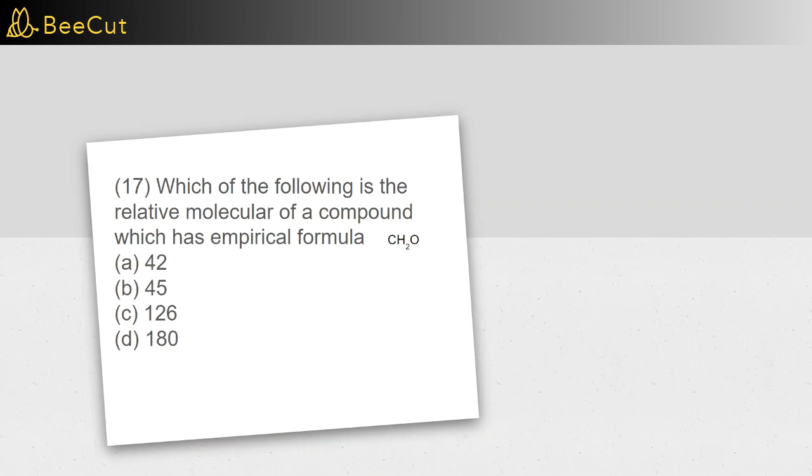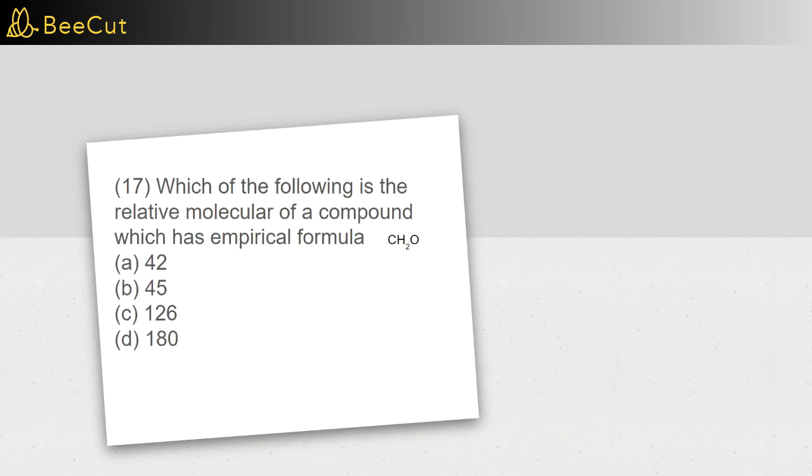Number 17. Which of the following is the relative molecular mass of a compound which has empirical formula CH2O? We look for the mass number for CH2O.